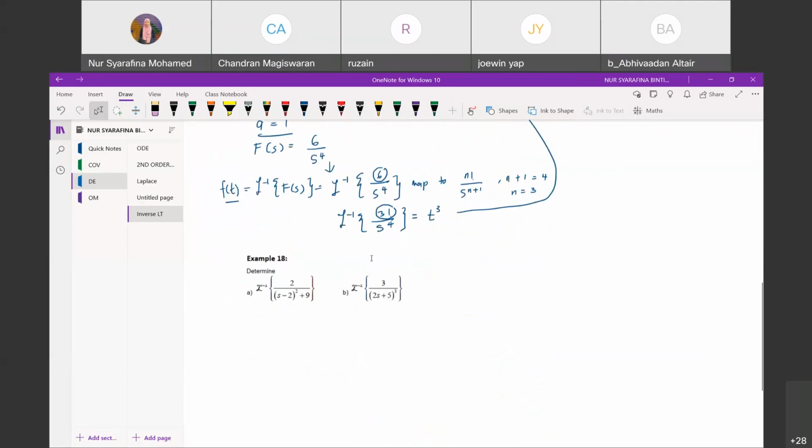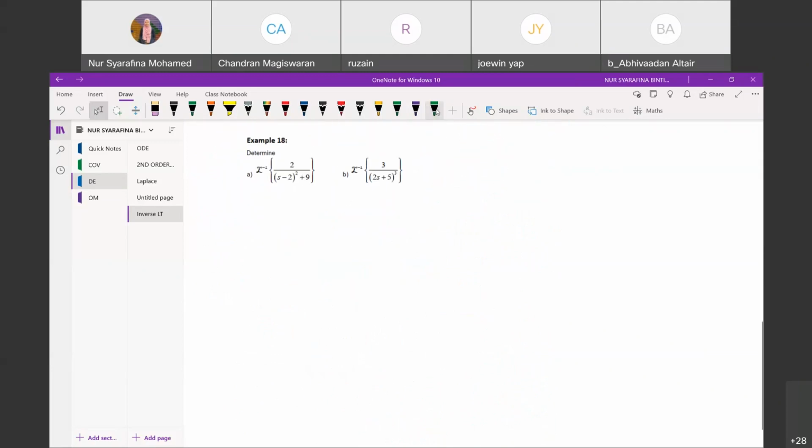So now let's take a look. This 2 over (s minus 2) squared plus 9 is mapped to F(s minus a), right? Where your a should be 2.